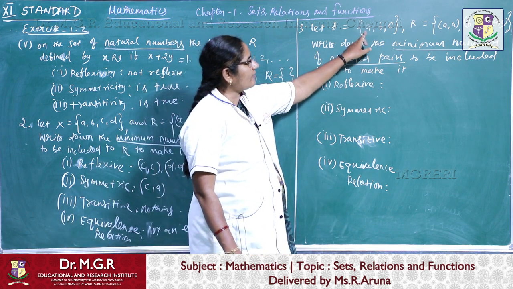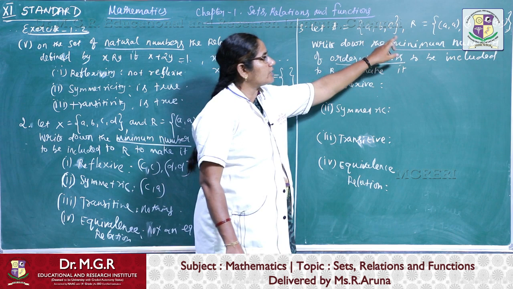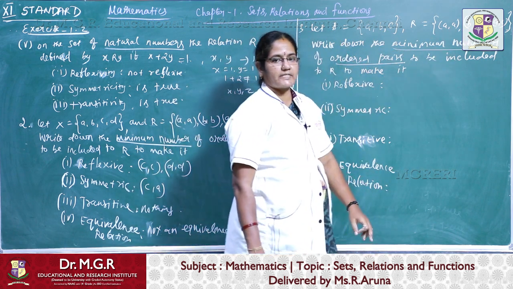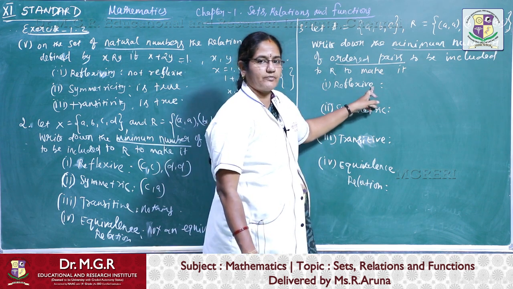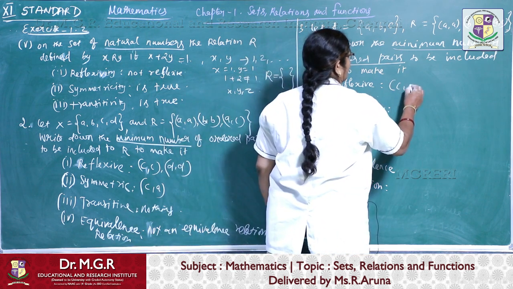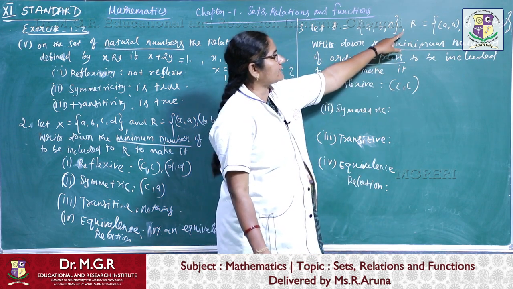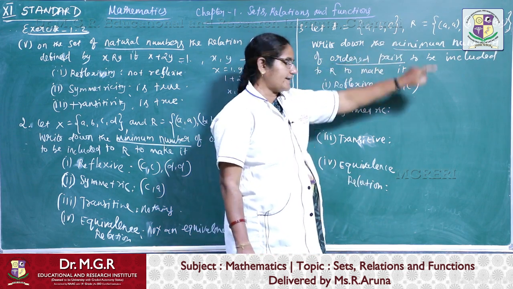Here we have only 3 elements, so already 2 equal pairs are there. What is the missing pair to make it reflexive? Yes, it is (c, c). It is enough. If we include (c, c), then this relation is a reflexive relation.